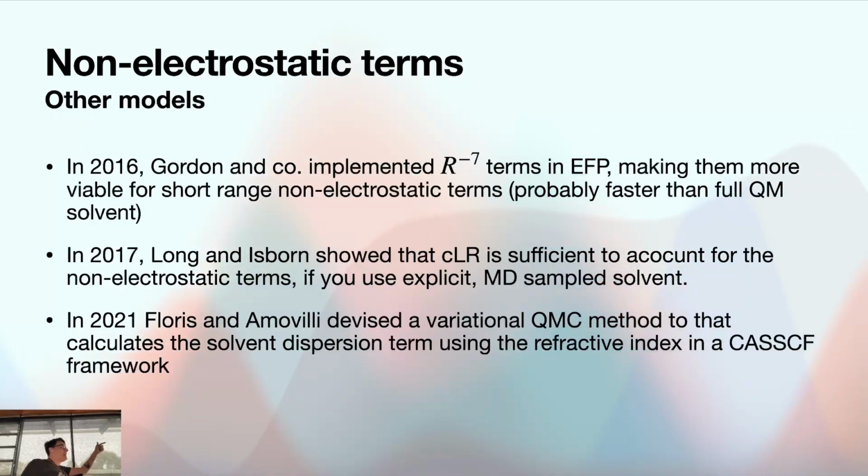So the first one, EFP, improved their approach, which could be useful in some ways, but in these other two approaches, they kind of decided that we need to use explicit solvent molecules to account for the fact that we don't have these non-electrostatic terms in place. So we need to explicitly calculate them through QM.